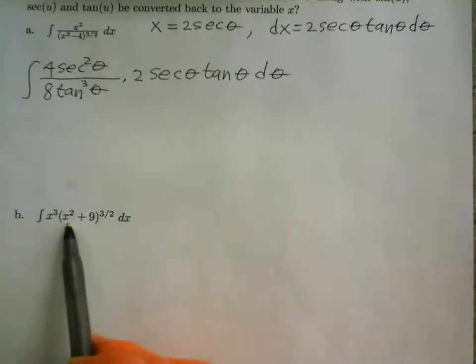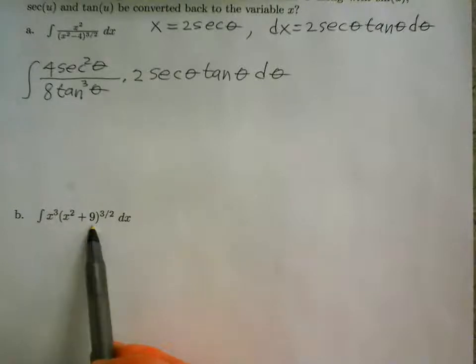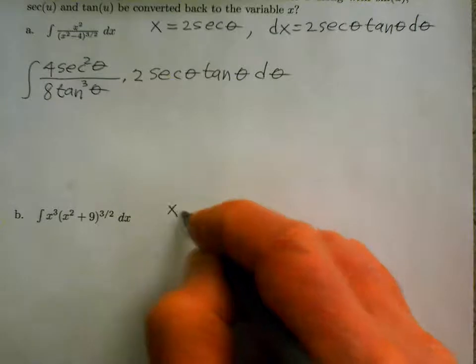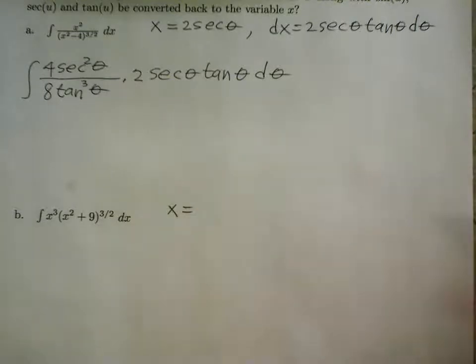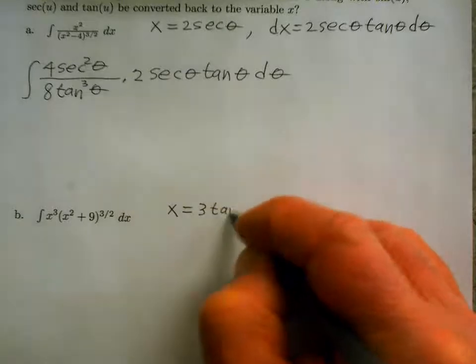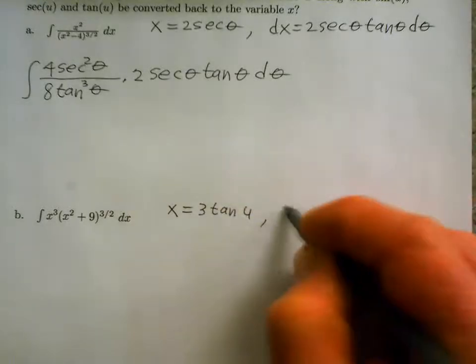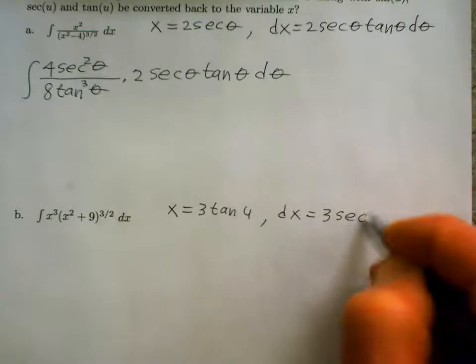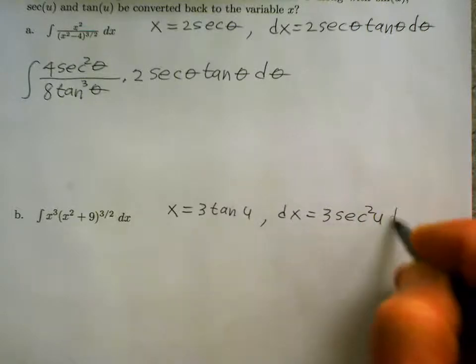So we see the expression x squared plus 9 raised to the 3/2. So this time we'll assign x to be 3 times tangent of u, and dx is 3 times secant of u squared du.